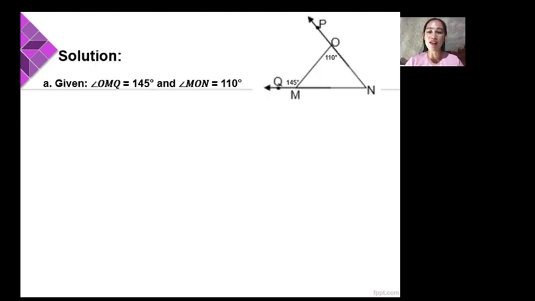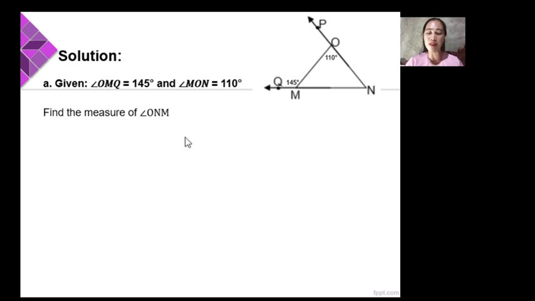For letter A, we determine the measure of angle ONM. Given angle OMQ and angle MON, the measurement of angle OMQ is 145 degrees. The measurement of angle MON is 110 degrees.